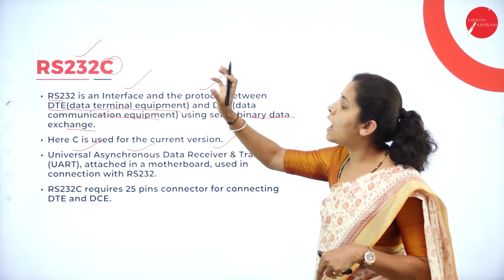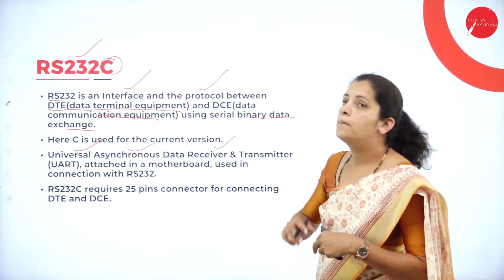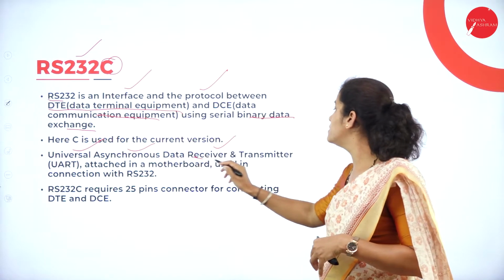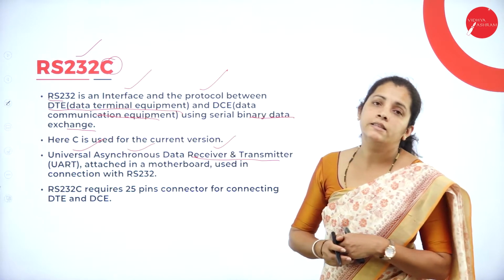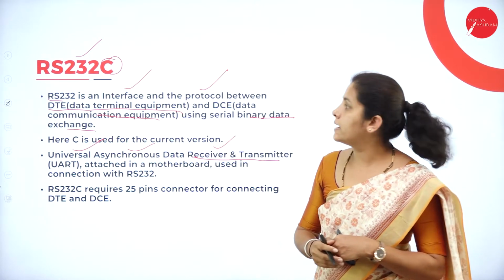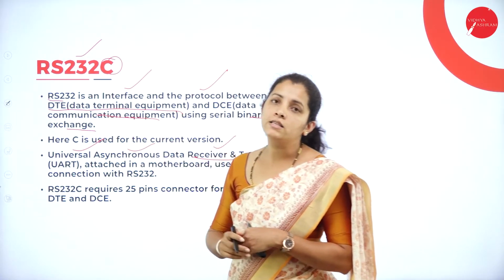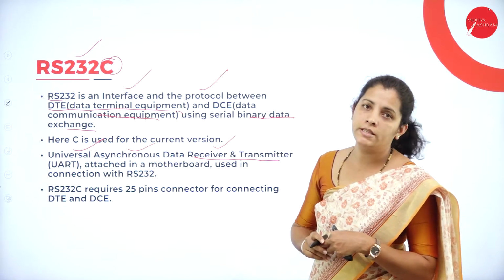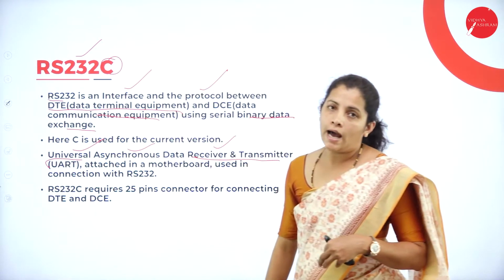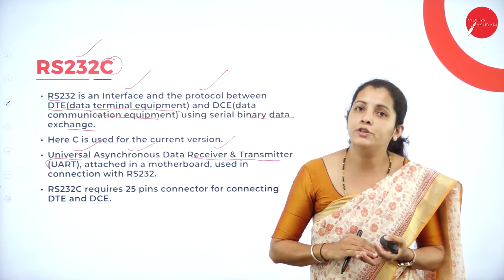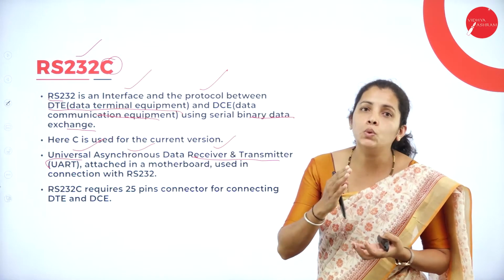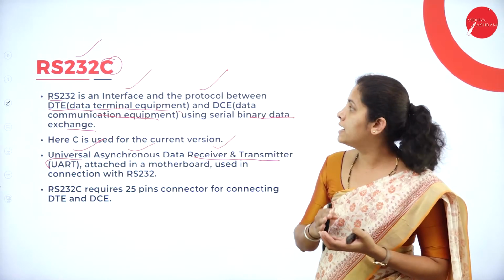That means RS232C makes use of the UART, which is attached to your motherboard to provide the connection for RS232C. I repeat, the UART is mainly attached to your motherboard in order to provide the connection between two equipments or two devices.